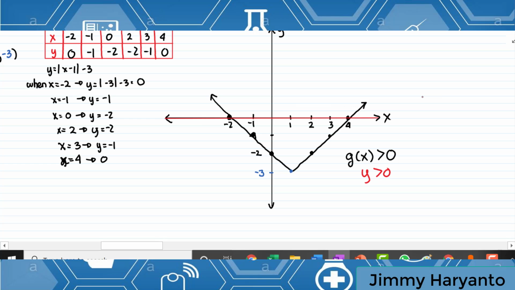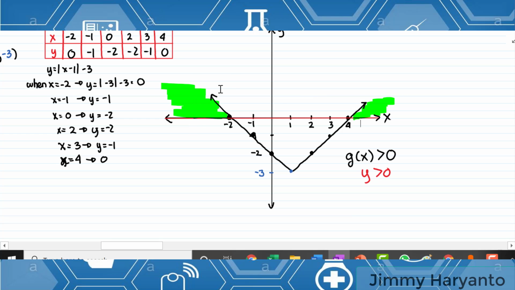It will be like this. Then you have to shade the parts for which it is greater than 0. It means you shade the parts above the red line. Why above? Because it's greater than. Above is this one, and this one also.